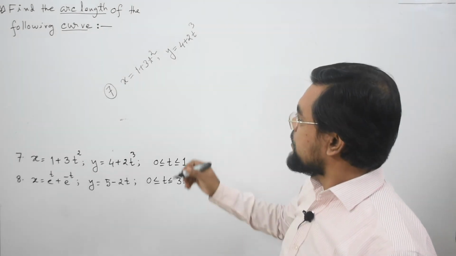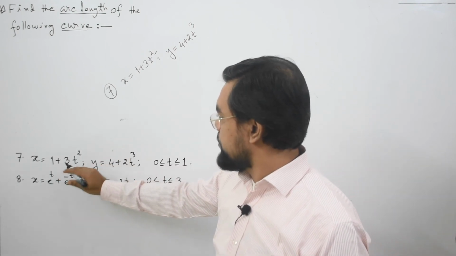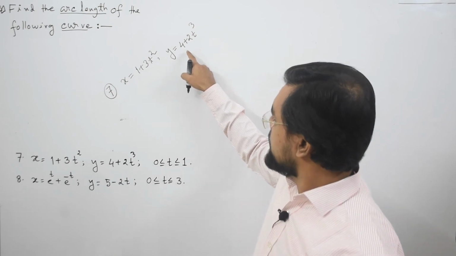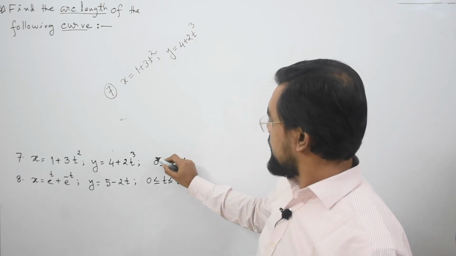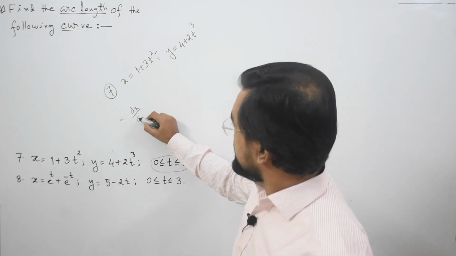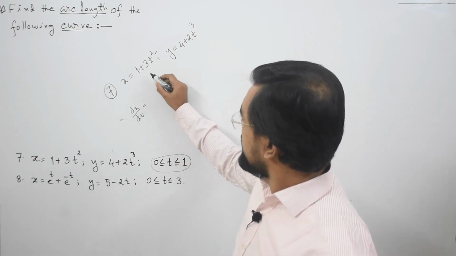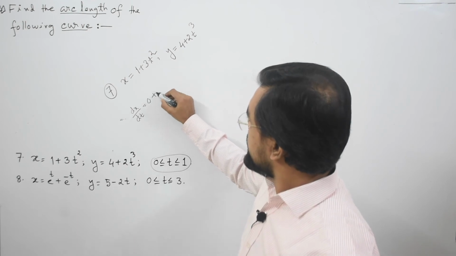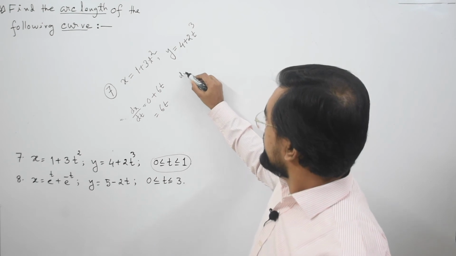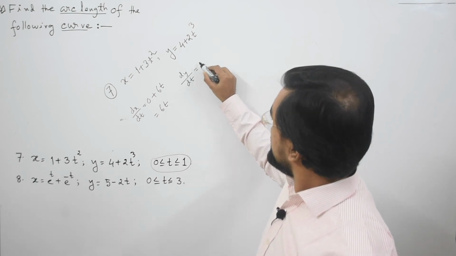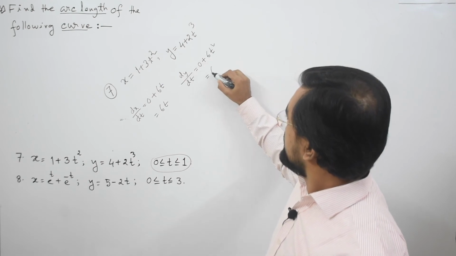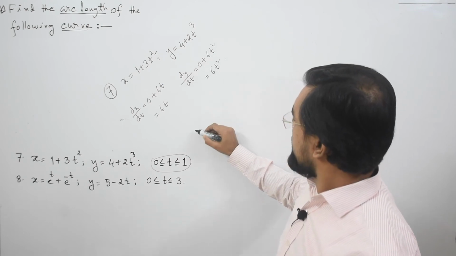So now let us try to solve example 7, and here x equals 1 plus 3t² and y equals 4 plus 2t³, and t is from 0 to 1. So first calculate dx/dt, which equals 0 plus 6t, this is 6t, and dy/dt equals 0 plus 6t², which is 6t².